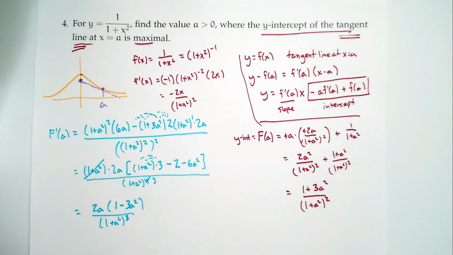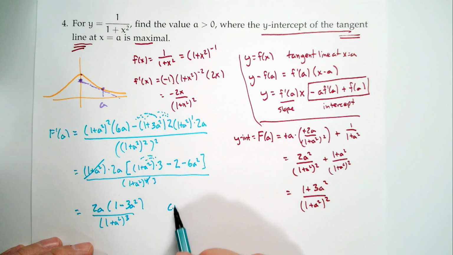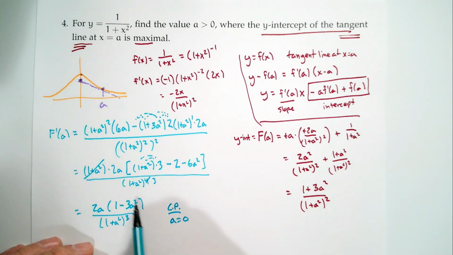Now, critical points. Where are our critical points? The denominator is always positive, so no critical points there. All right, how about the numerator? When does the numerator equal 0? Well, 2a equals 0 at a equals 0. All right, how about 1 minus 3a squared? That would be 1 minus 3a squared equals 0. If I move the 3a squared across, 1 equals 3a squared.